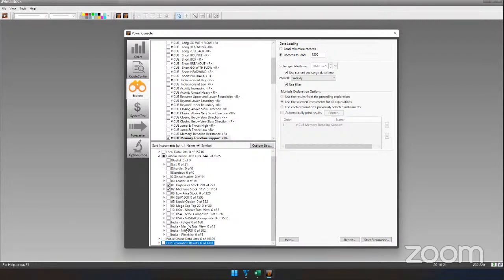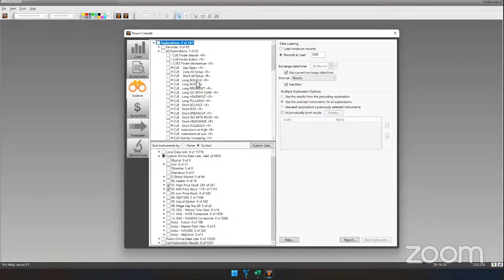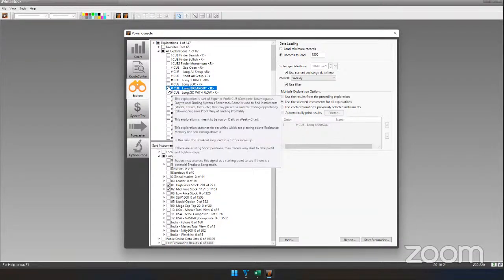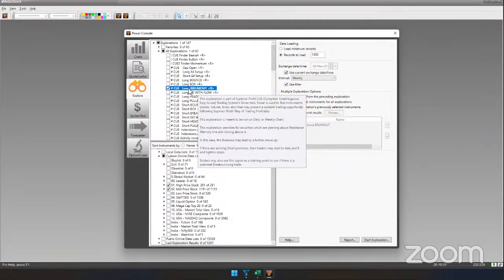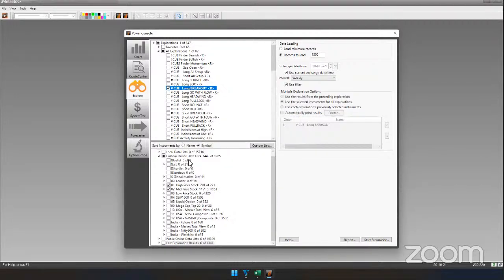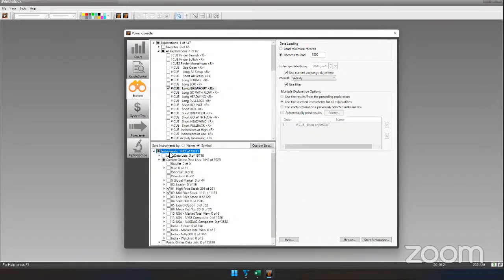So once you run the weekly scan, you reset everything from the top, reset all scans, and then find long breakout, choose that. You can click the checkbox or use the space bar to check and uncheck a scan. And for this long breakout now, I will again go to the top, use the space bar to uncheck everything, go to the bottom, just choose last exploration result.